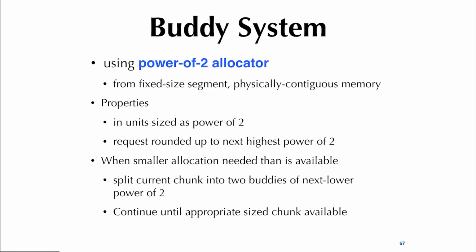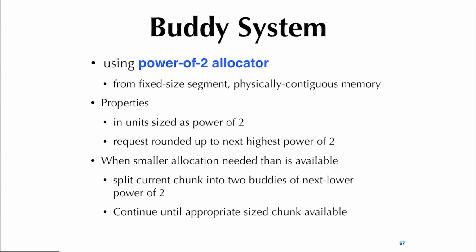And so you allocate a chunk that is the smallest power of two that's big enough to fit that request, okay? So say I request 28 bytes, what's it going to allocate to me? Well, you can allocate 16, but 16 is too small, 32 works. So 32 is the smallest power of 2 that can fit this one.